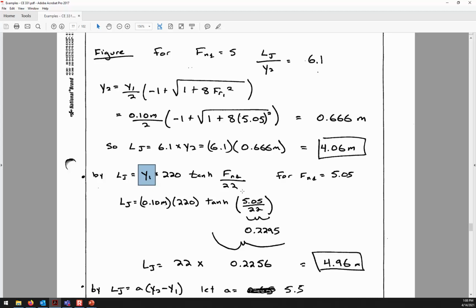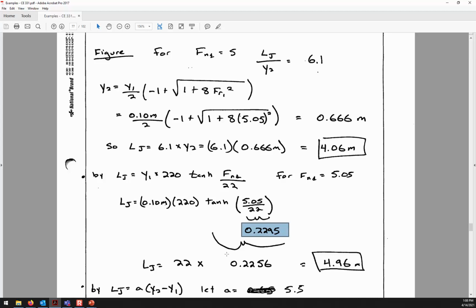I've got the Froude number of 5.05 divided by 22, so that is 0.2295. And then if you do the tanh of 0.2295, you get 0.2256. Now it's just coincidental that this is both 0.22. The tanh function isn't always going to give an output nearly the same as what went into it.